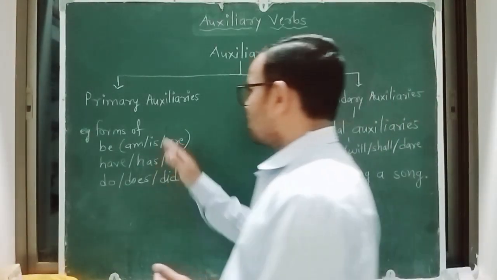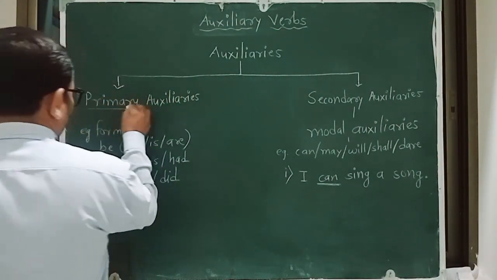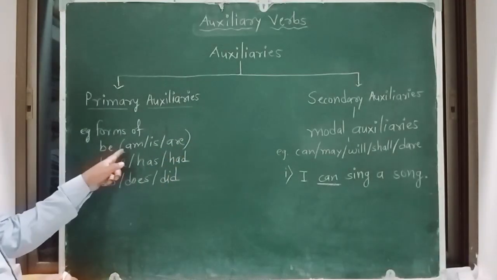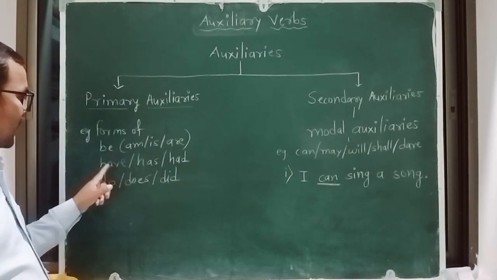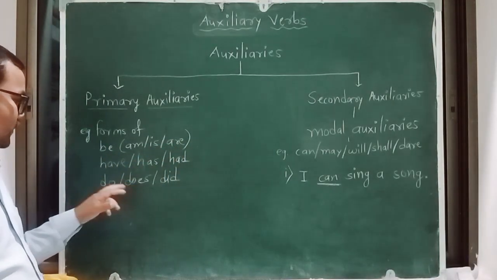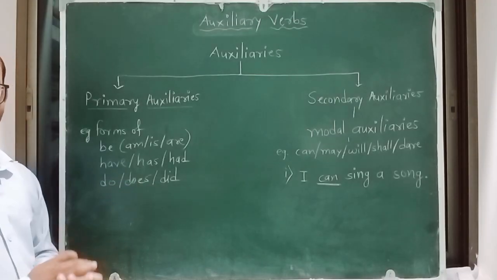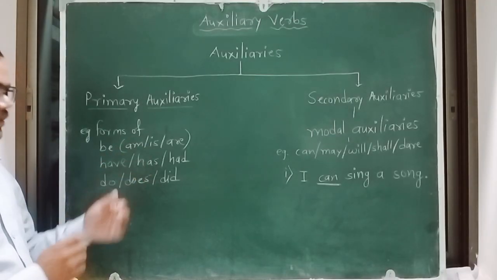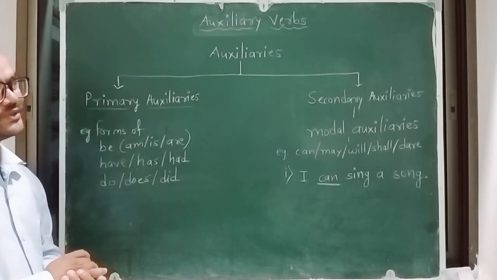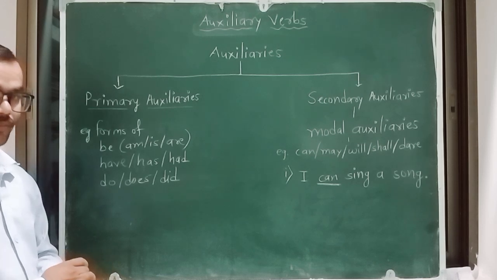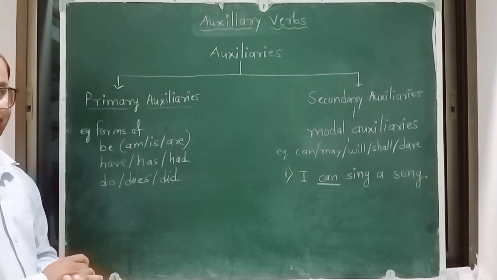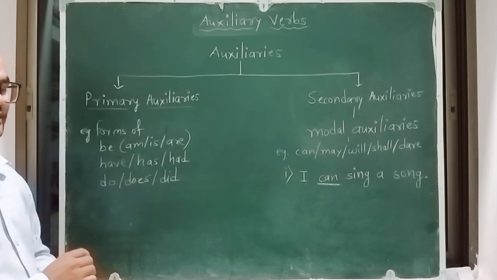If you see primary auxiliaries, as you know, primary auxiliaries are am, is, are, have, has, and had, do, does, and did. So these verbs can be used as helping verb, or we call them auxiliaries, and main verb in the sentence.